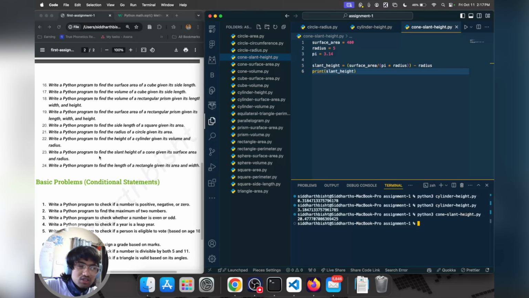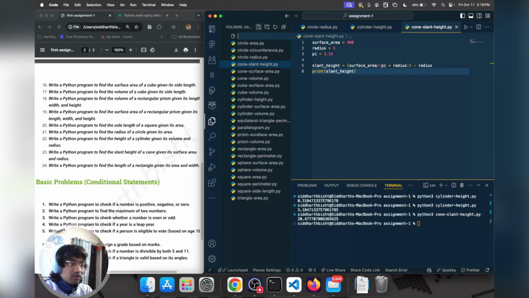Last problem for this part, then conditional statements. We will make a part 2 of this video. Write a Python program to find the length of a rectangle given its area and width. So rectangle, we have to find its length. Length.py.